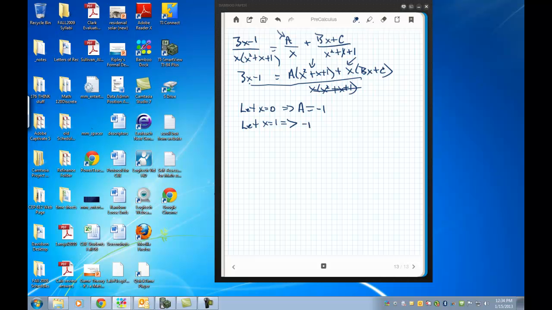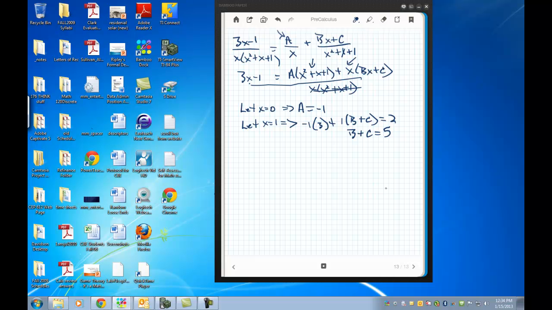So I go negative 1 times, when x is 1, all those are 1s, so I get times 3, plus x is 1 times b plus c, I'm just plugging and chugging, and that equals, when x is 1, I get 3 minus 1, so I get 2.